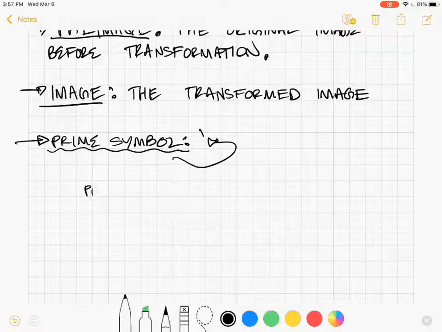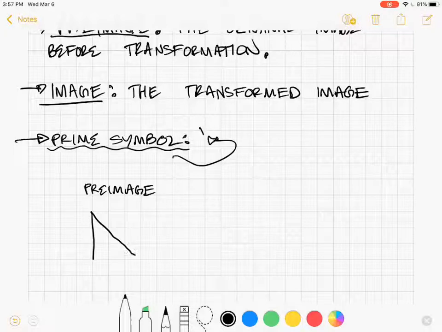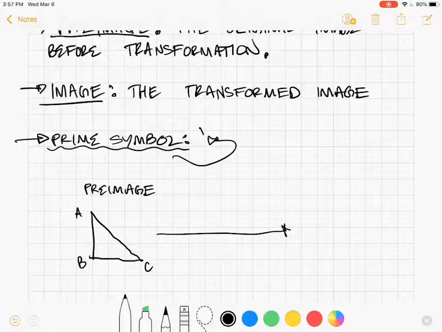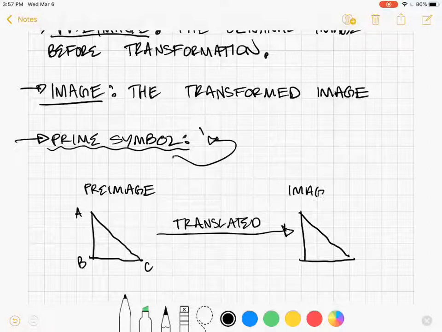So if you have a pre-image before it's been translated or transformed, and your pre-image looks like this, just a triangle, it's triangle A, B, C. And then it gets translated. This is our image.